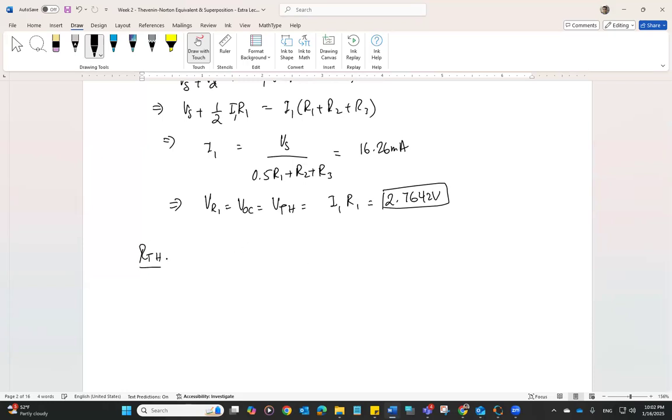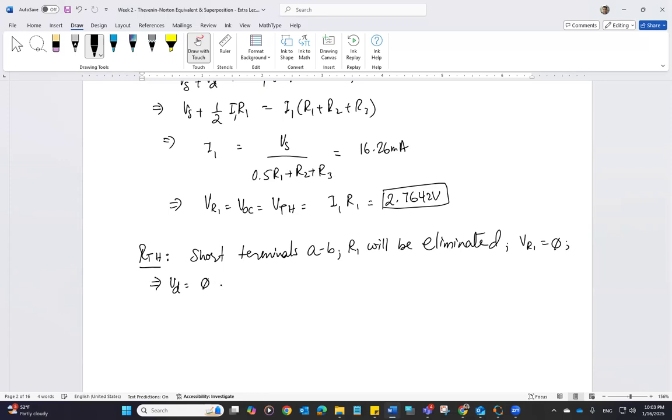So for R Thevenin, short terminals A and B, R1 will be eliminated, and VR1 will be equal to 0, which means VD is equal to 0, which implies VD will be a short circuit.